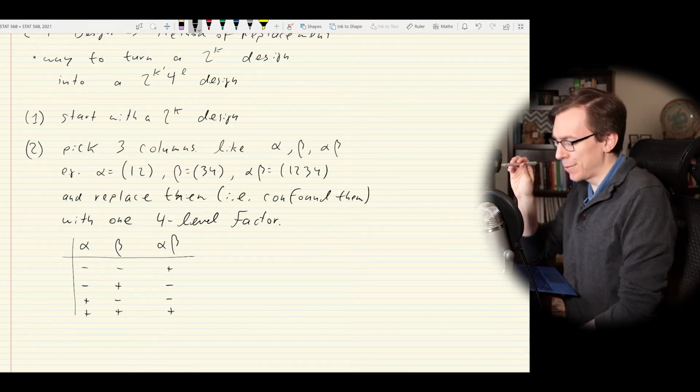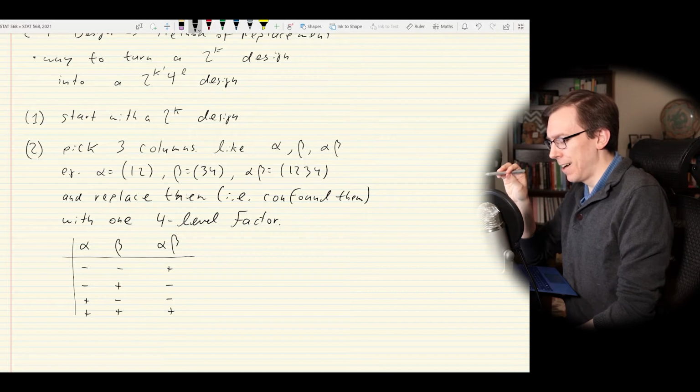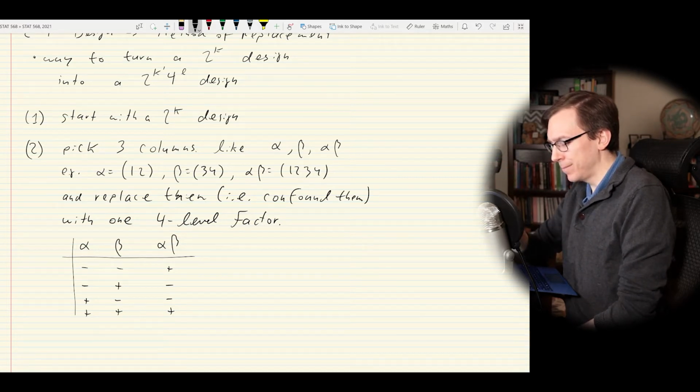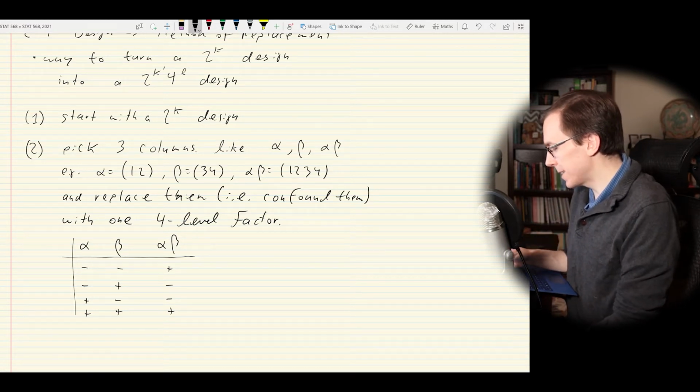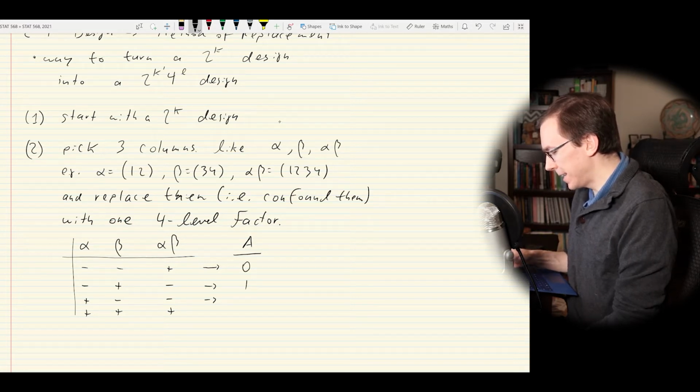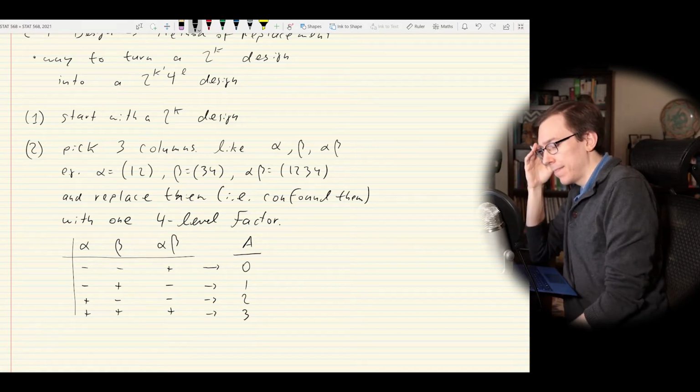Anyway, if we were to just isolate columns alpha, beta, and the interaction alpha beta, we would have entries that look like one of these 4 rows. So what we do is assign each of these to some factor A, which is going to be my 4-level factor. We can assign these using the binary representation to get 0, 1, 2, and 3. And that's more or less it.